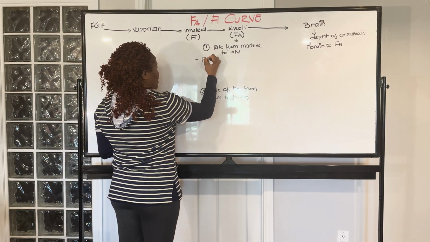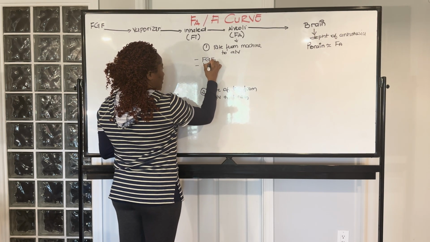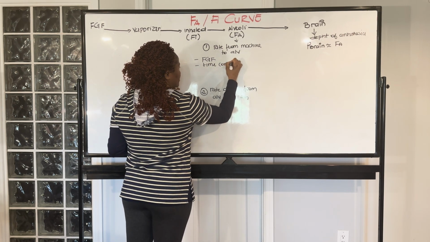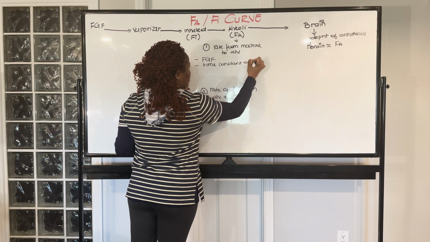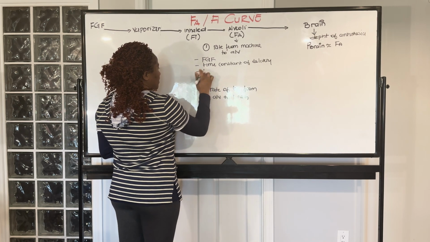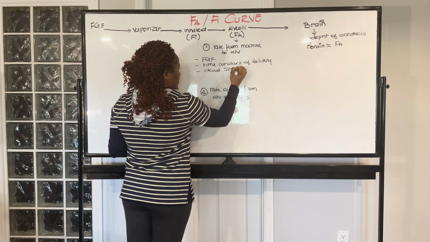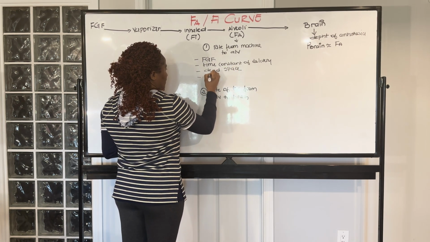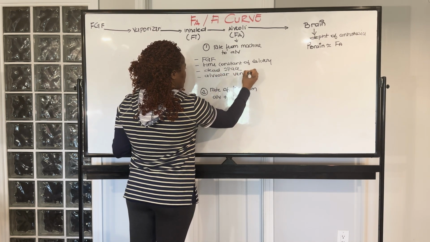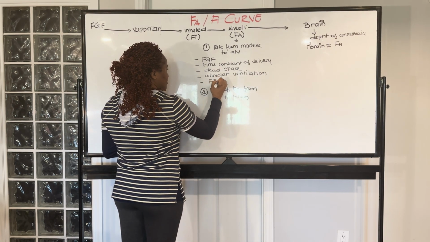It's going to be our fresh gas flow, our delivery time constant, our dead space, our alveolar ventilation, and our FRC is also going to play a role.